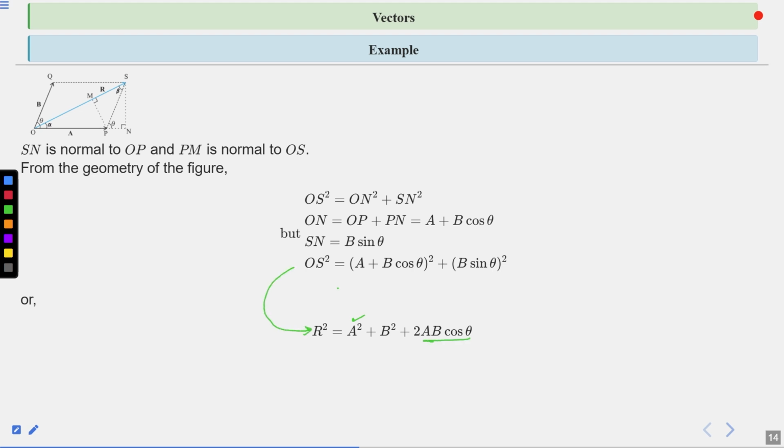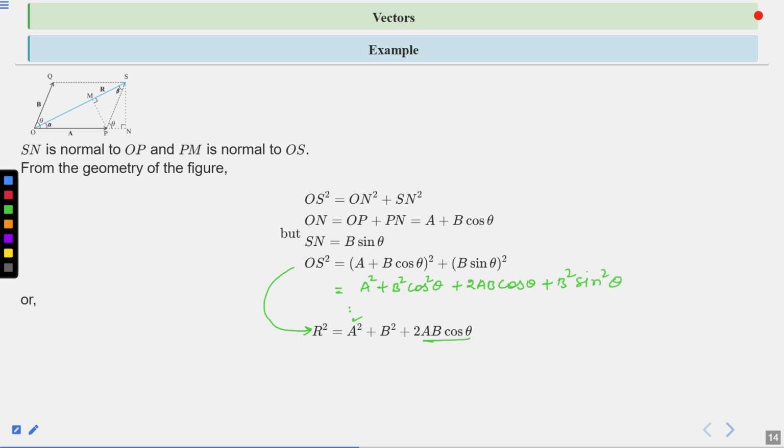It will be A square plus B square cos square theta plus 2AB cos theta, plus B square sin square theta.